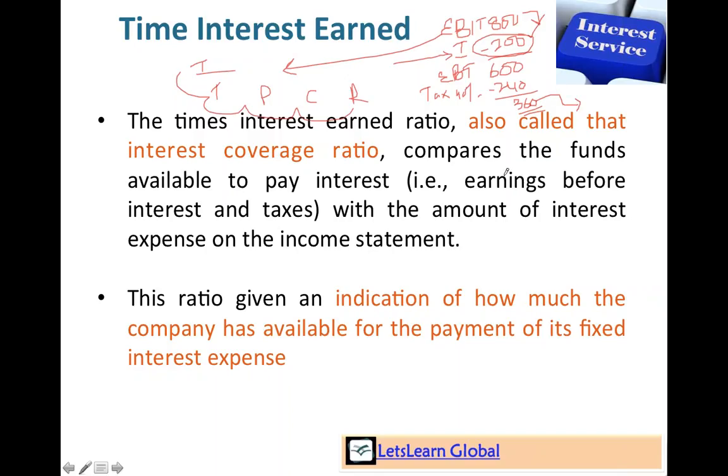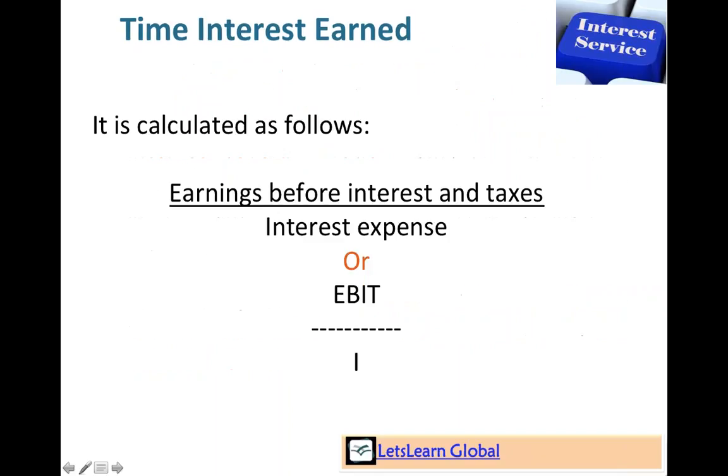It's not enough. Therefore, most companies like to have an EBIT in terms of I of more than 15 times. The standard norm is 7 times, but it's not enough. Okay, 15 times means what?